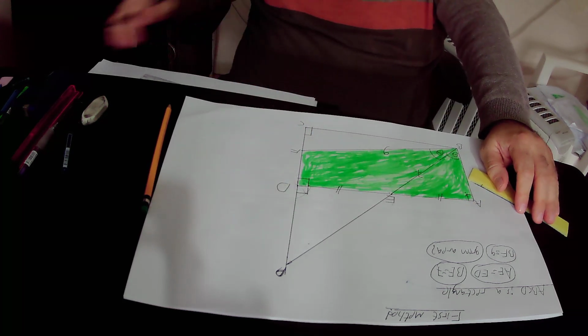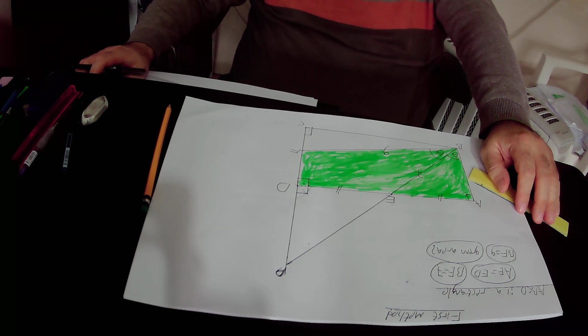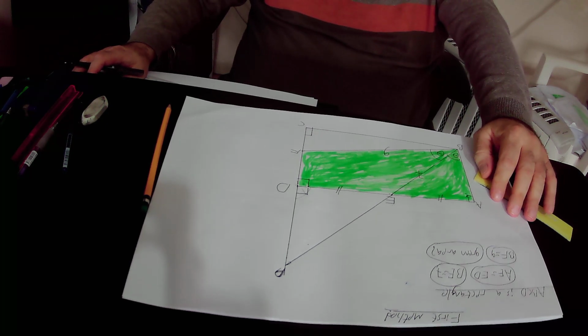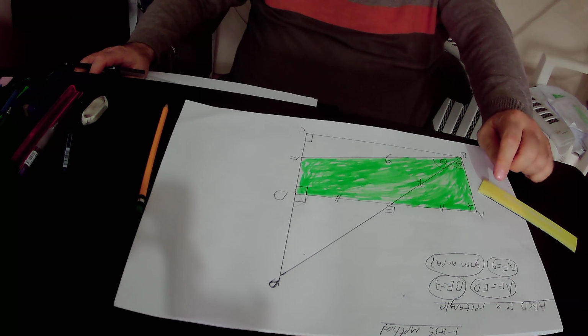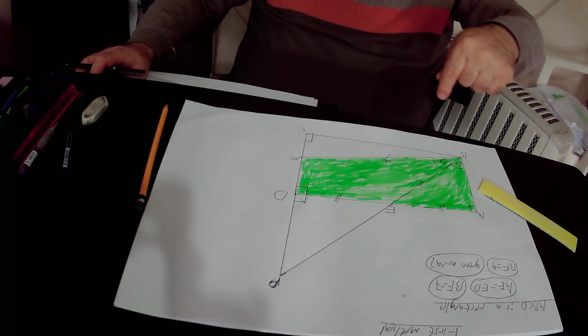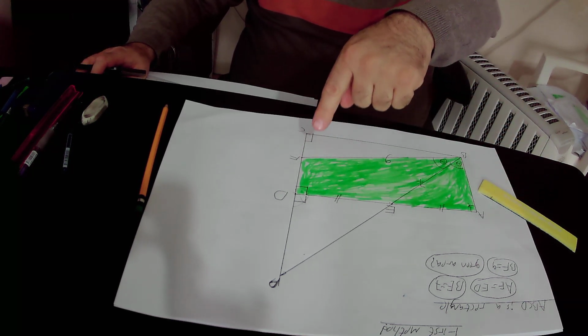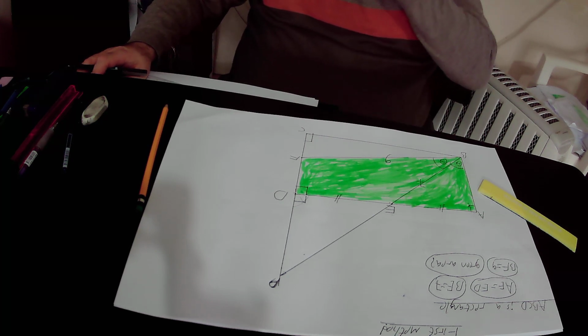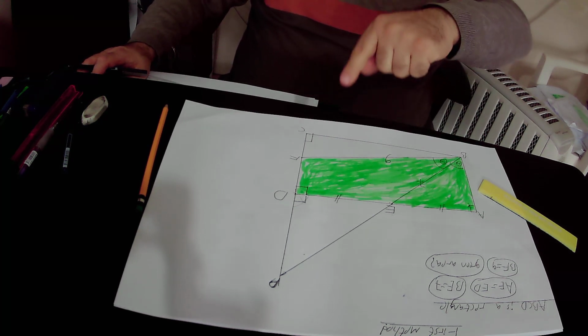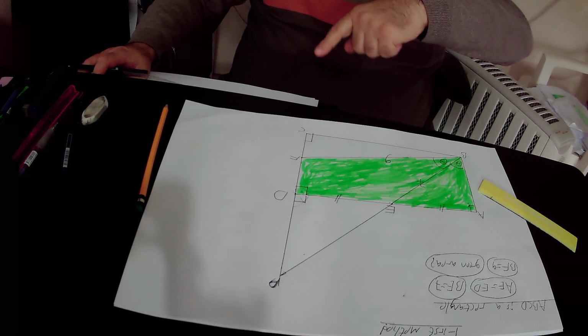And we also know that the opposite sides of a rectangle are parallel to each other. That is to say, AB is parallel to the straight line DC. But we know that CP is one straight line.